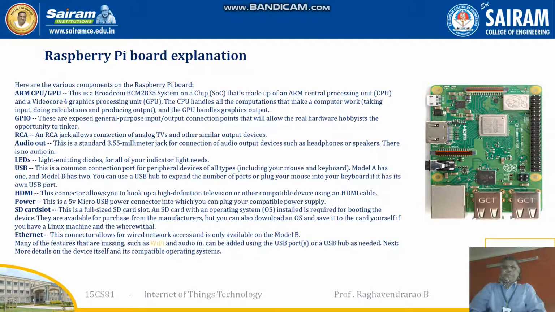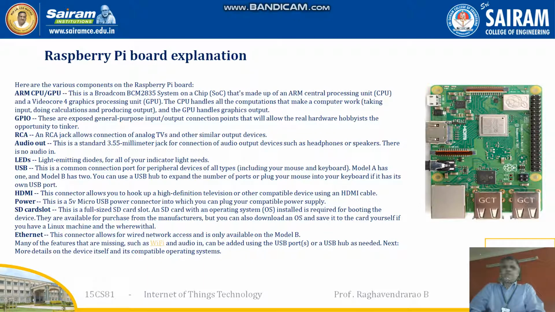Next there is an SD card slot, where you can store all the operating systems and the memory for your many programs. You can store it over there. This is a full-fledged SD card slot.